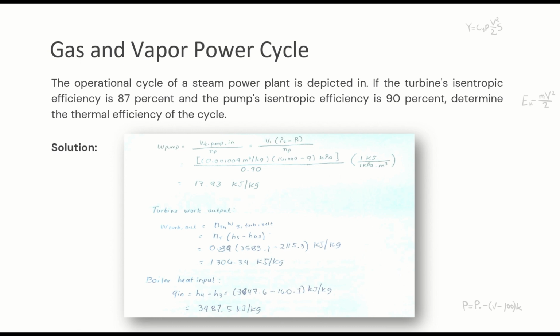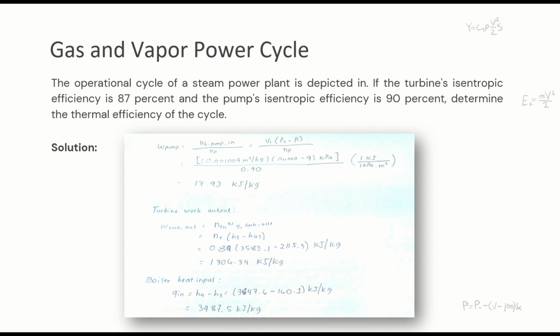We will substitute η_T as 0.89 and h5 as 3,583.1 minus 2,115.3 kilojoules per kilogram. By solving it, we will now have the value of our turbine work, which is 1,306.34 kilojoules per kilogram. So let's proceed to solving the boiler heat input.